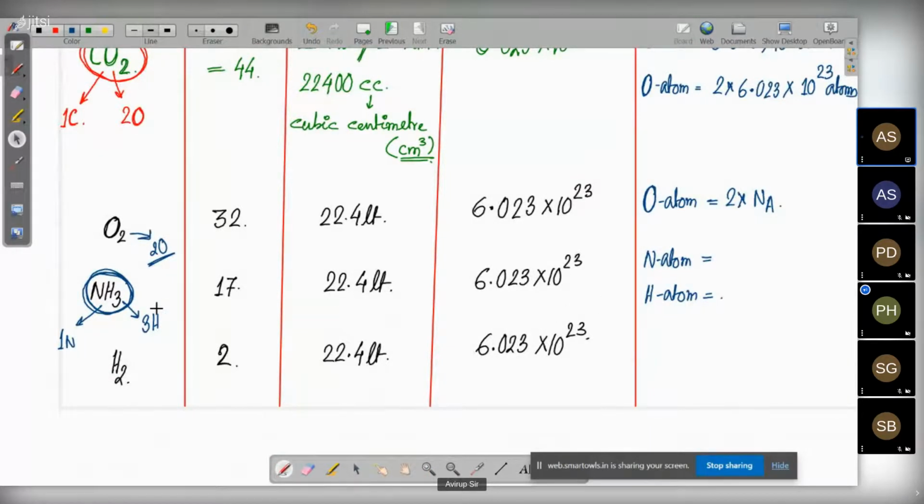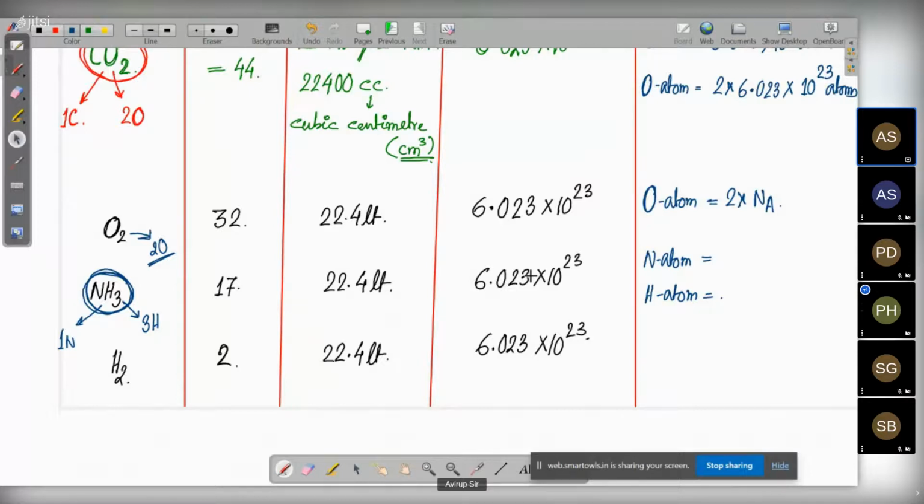Yes, that is correct. Now I am asking you how many nitrogen and hydrogen are present in Avogadro molecules of ammonia, that is 6.023 into 10 to the power of 23.